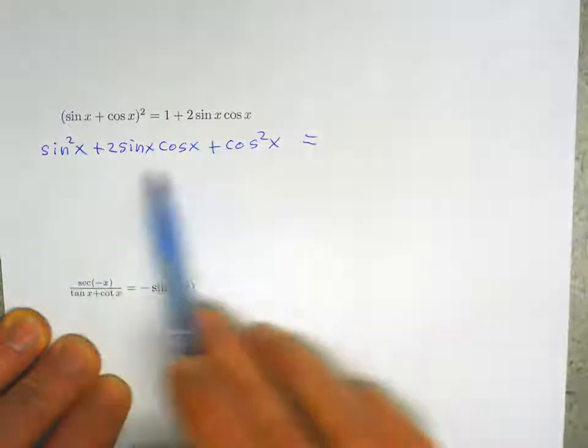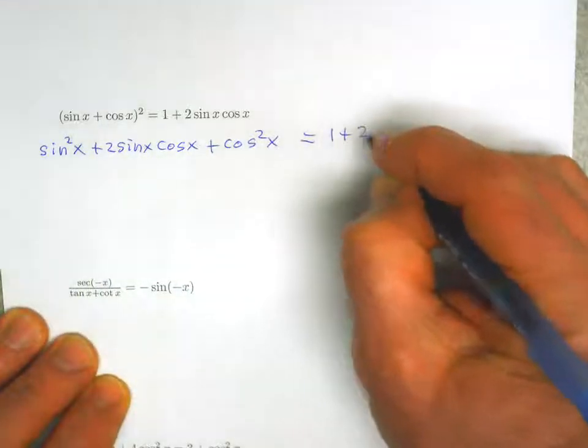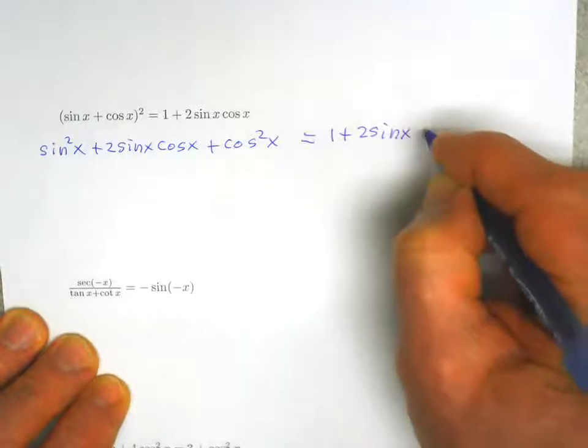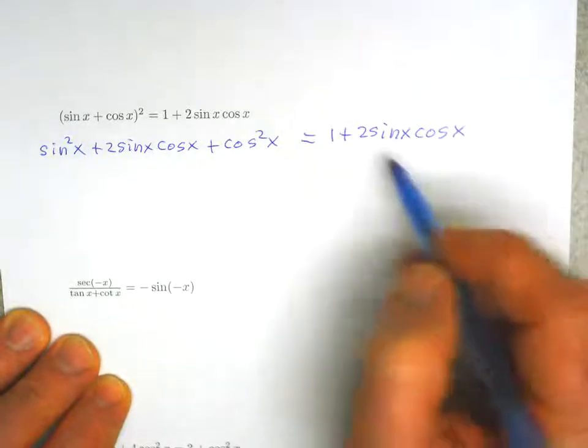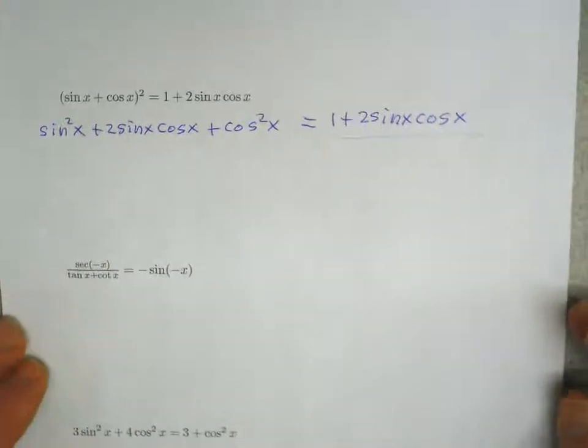The sine of x squared plus cosine of x squared, that's 1. So we get 1 plus 2 times sine of x times cosine of x. And this is the right-hand side already. So we're done.